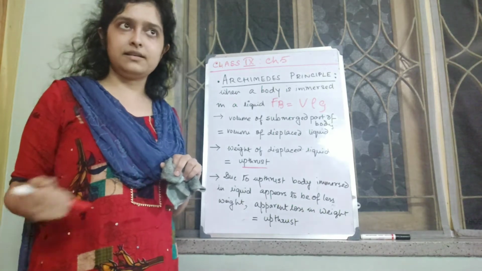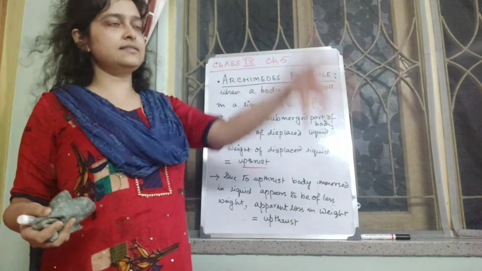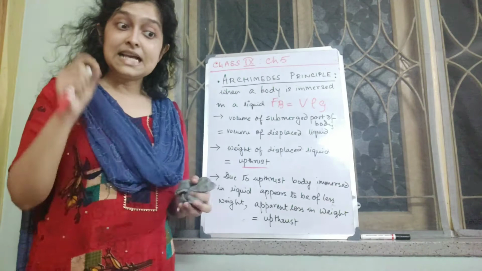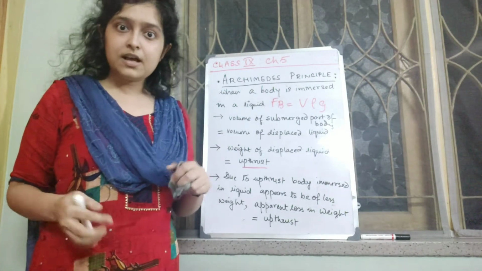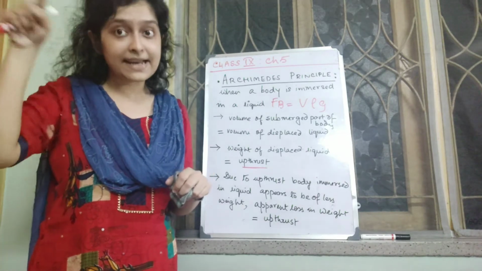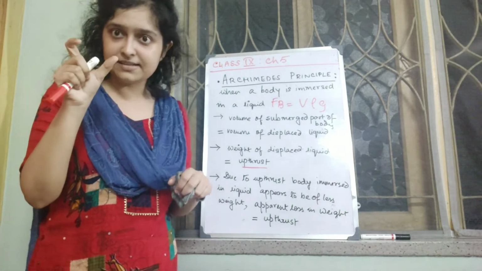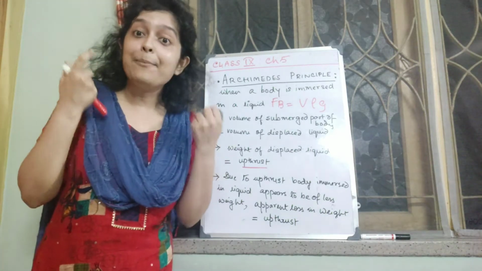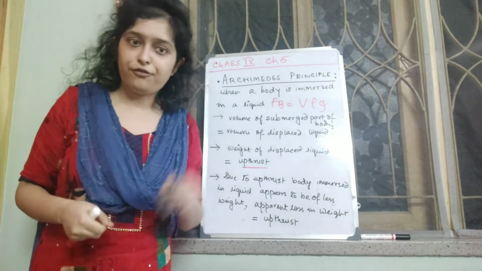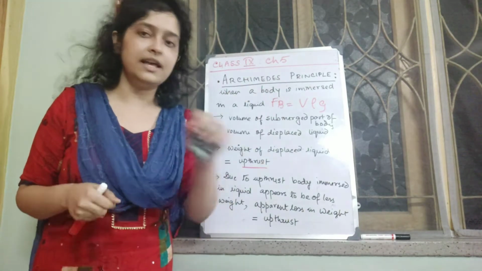So what do we call that? Its weight has not all of a sudden decreased. That weight is the apparent weight, because this 200 minus 180 Newton, this difference of 20 Newton is what? The apparent loss in weight of a body by immersing it in a liquid.